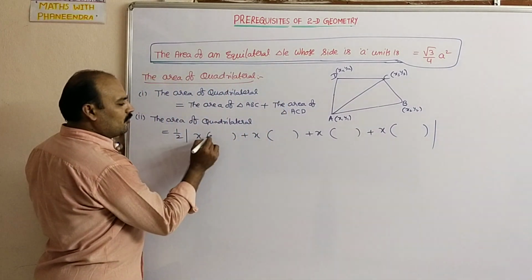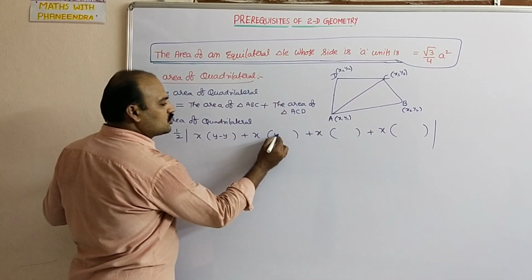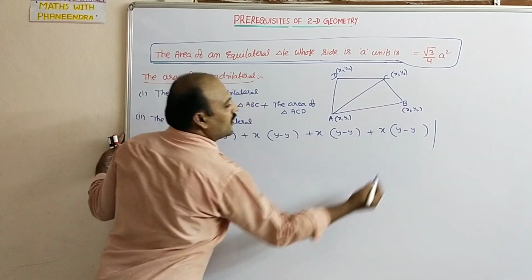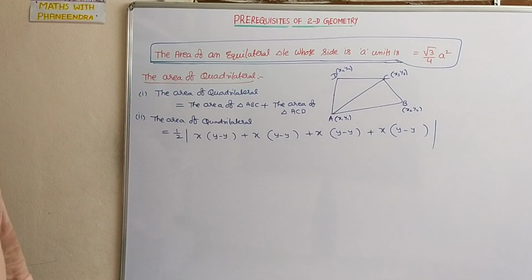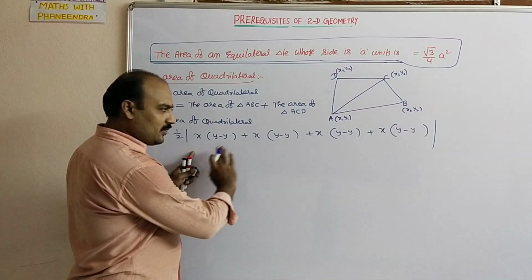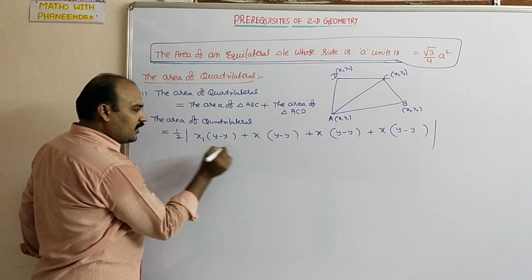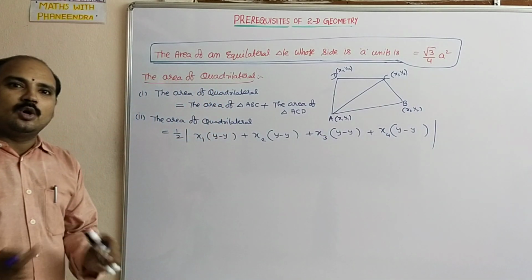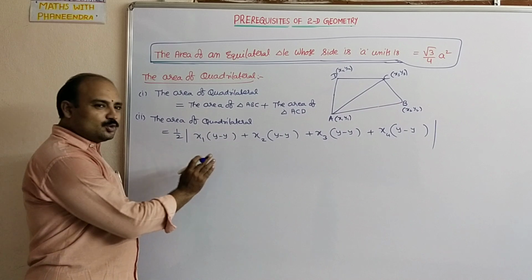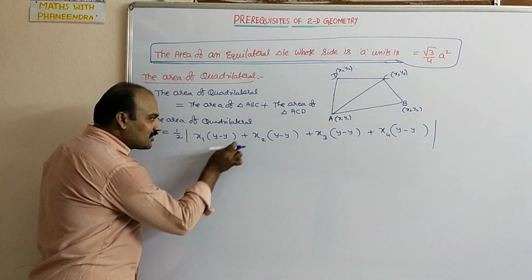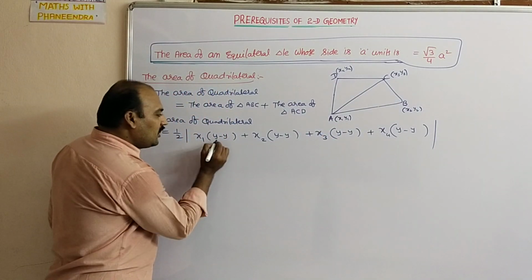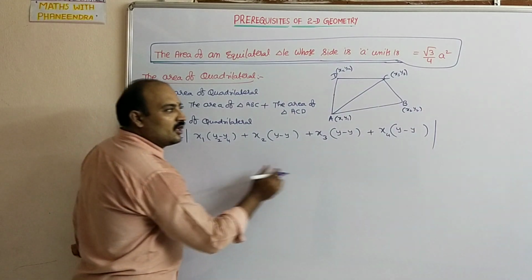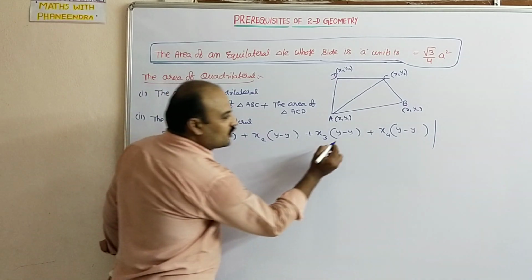Here the logic is x first one, second one, third one, fourth one. There is no issue at all. When it comes to the first term, third term, here y2 minus y4 we are writing, even numbers. Here in reverse we can write y4 minus y2.